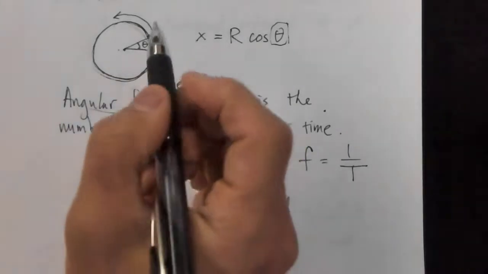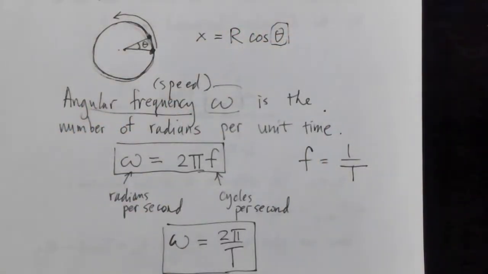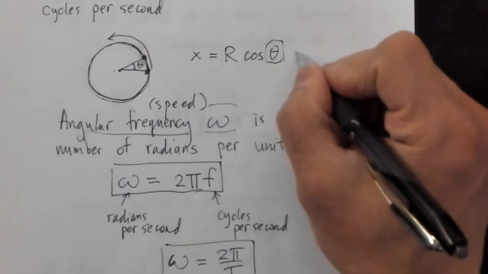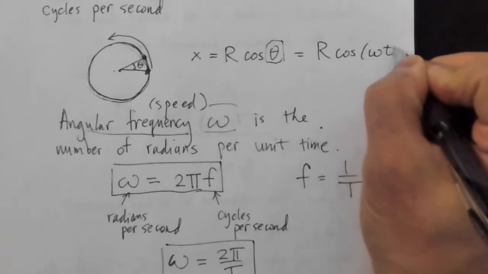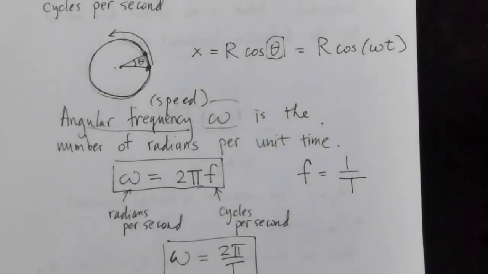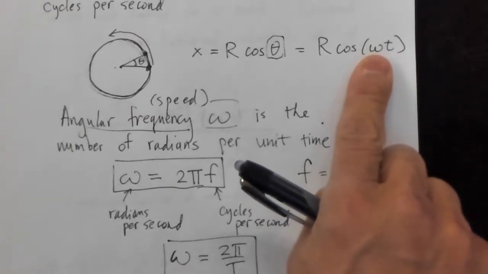If I think of it this way, then omega is really the angular speed, how quickly theta is changing in time. So in other words, if I go back here, something like r cosine omega times t is exactly the correspondence. The theta is just increasing linearly with time, and the rate, the angular speed, is omega.